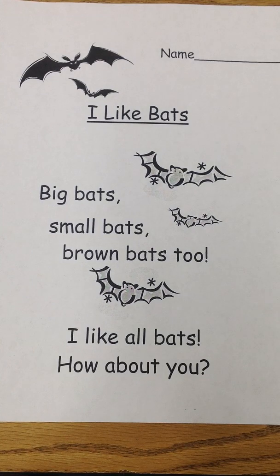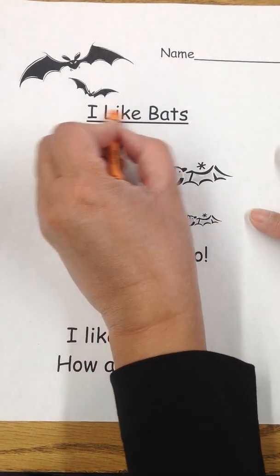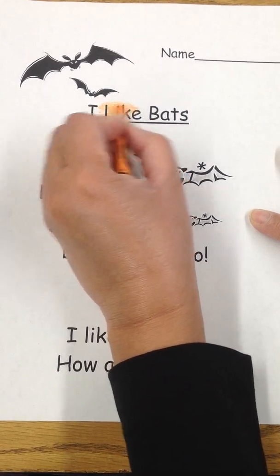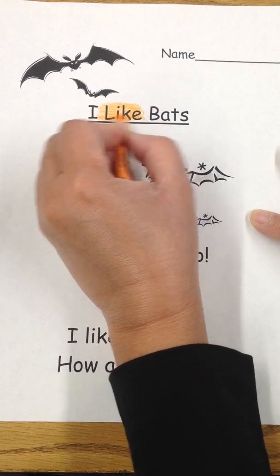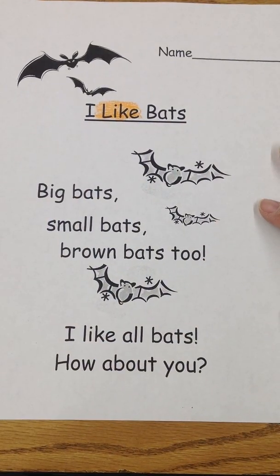So let's start with, in the title I see the sight word I, we know I, and I see like. So let's highlight like. Okay.